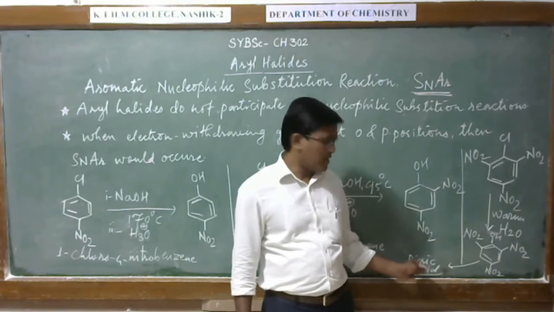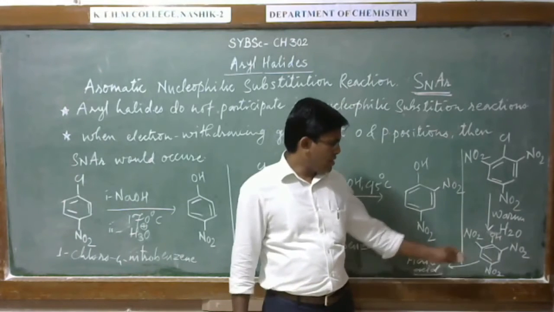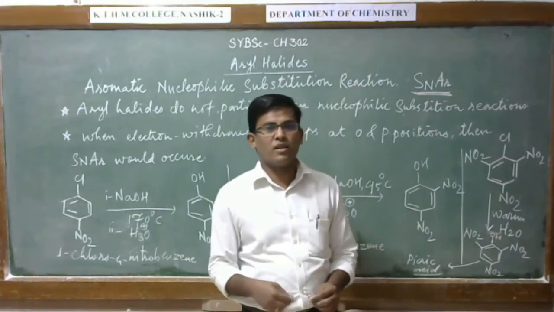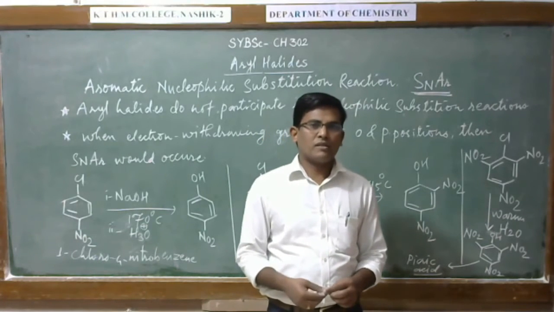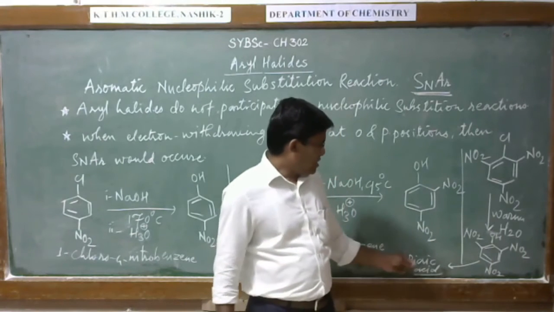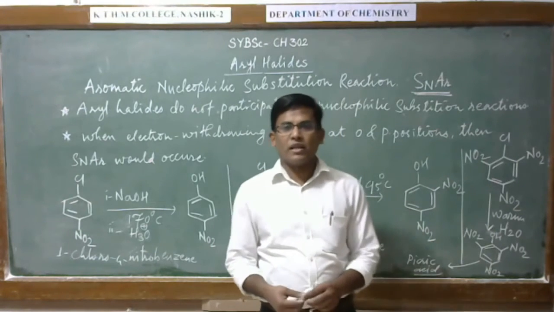It is called picric acid. Why is it so? Because of these three strong electron withdrawing groups, the phenolic OH becomes more acidic. So it is picric acid.